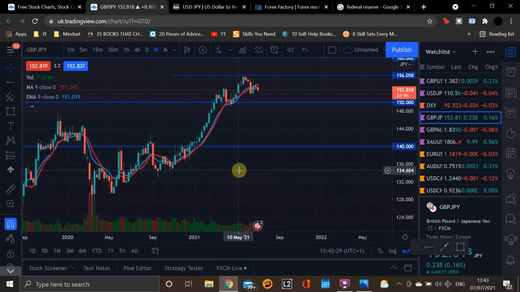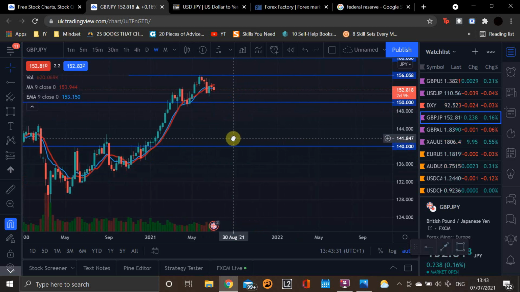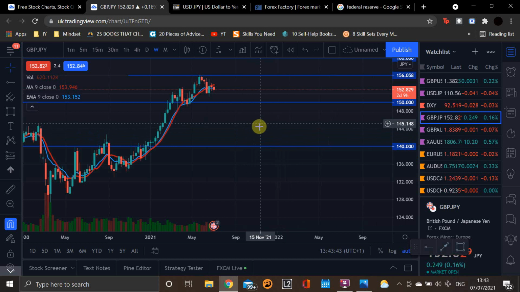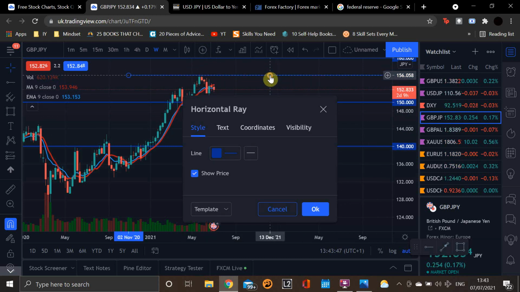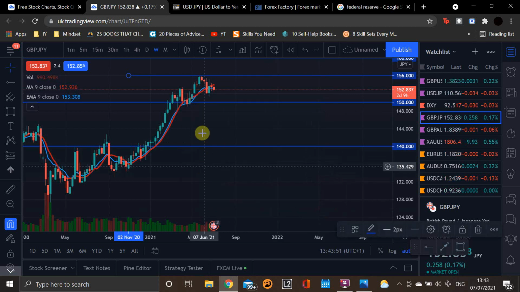I don't see anything in the weekly chart for now. I marked that area because it touched that area, so that's an important resistance for itself. Yeah, definitely.